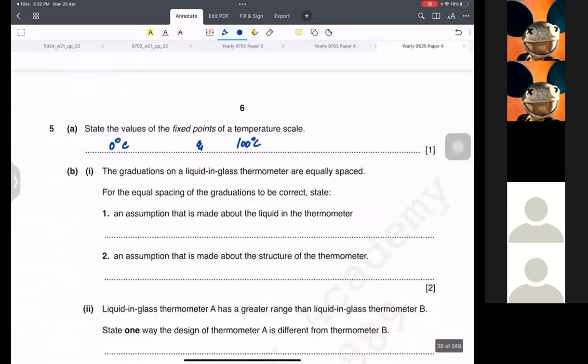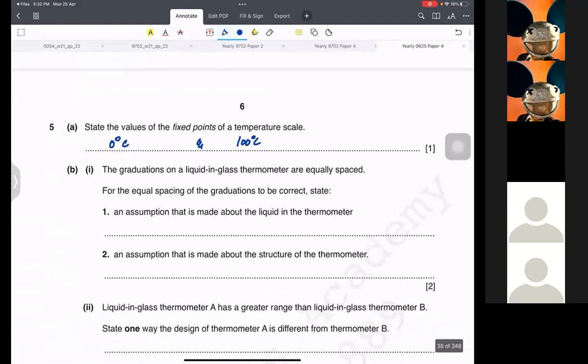The graduation of the liquid-in-glass thermometer is equally spaced. For this equally spaced graduation, what assumption is made about the liquid of the thermometer? It is always assumed for a linear thermometer that it has uniform or linear expansion.